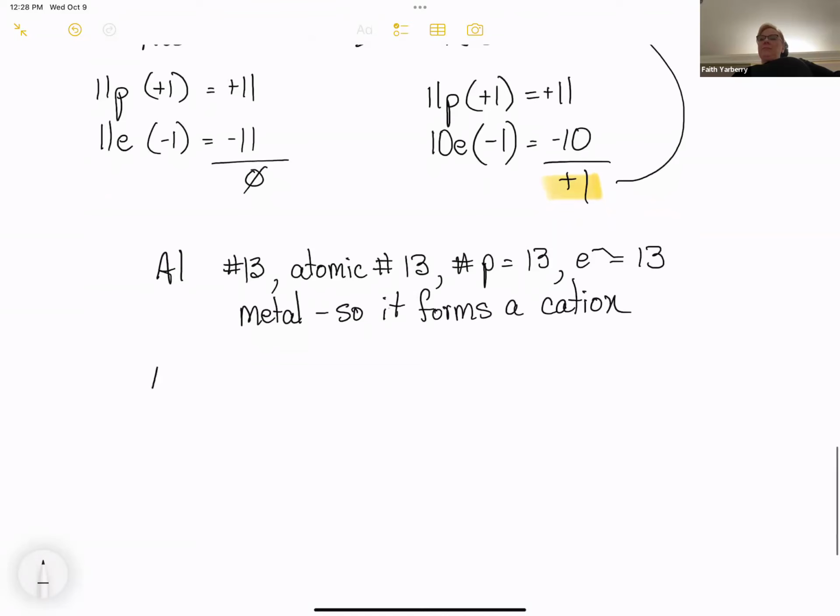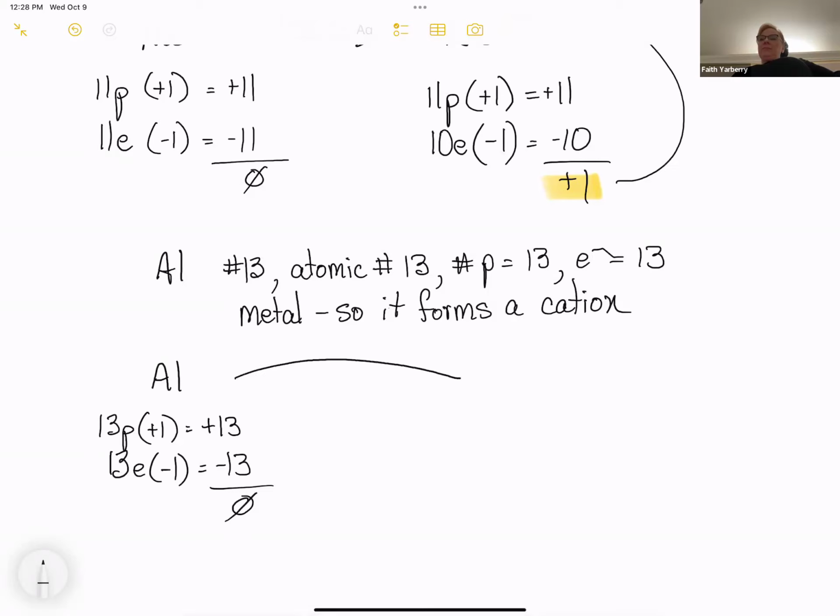If we think about aluminum and what we just said, if it is element number 13, it has 13 protons, which are all a +1, so that's a +13. It has 13 electrons, which are all -1, so that's a -13. So that's why we say if it has 13 protons and 13 electrons, it's a neutral atom because it has no charge.